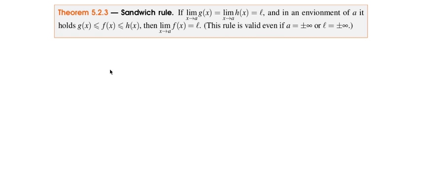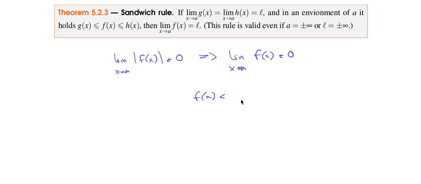First consequence of this is that if the limit of the absolute value of a function is 0, this implies that the limit of the original function is also 0, because we can bound the function from above by the absolute value, and we can also bound it from below by minus the absolute value.